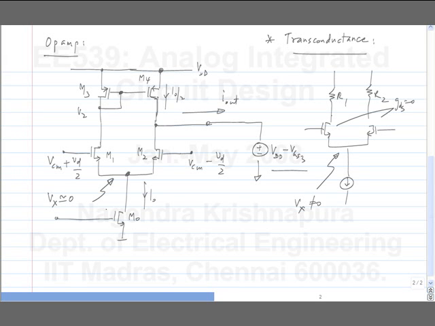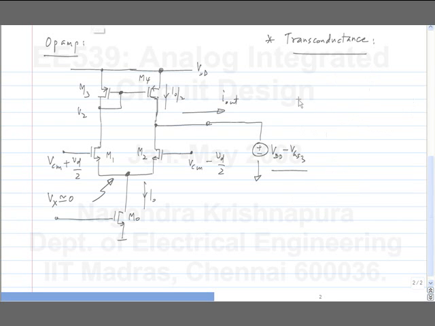But just by looking at the circuit, I cannot say that Vx equals 0, and it is not 0. That's what you solve the assignment and find out.